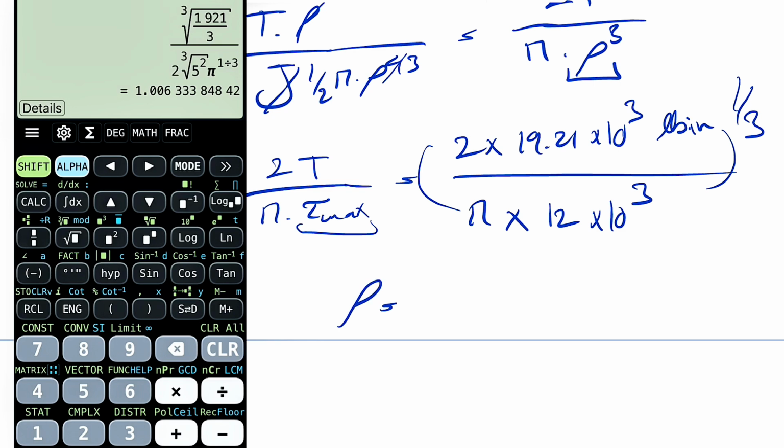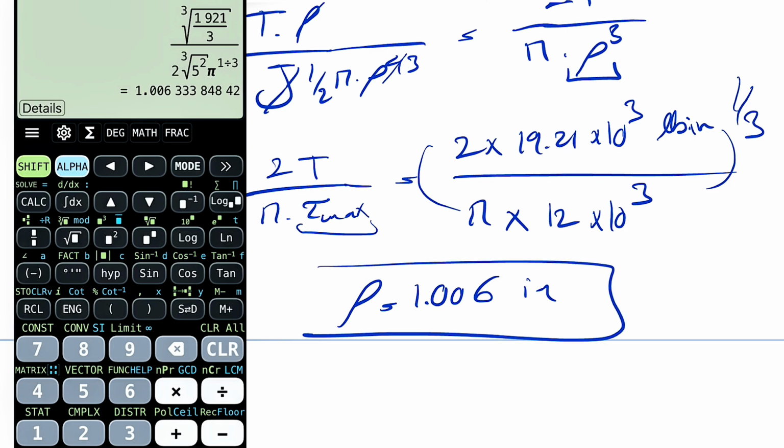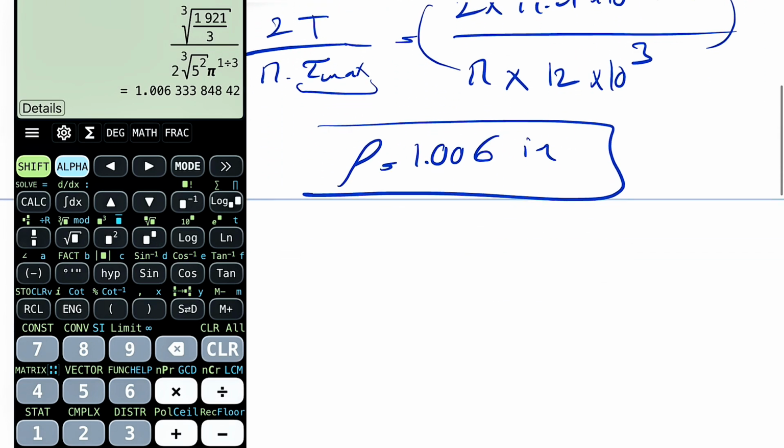This is going to give us the rho, or the radius, 1.006 inch. And again, what we are interested in is the ds, which is the diameter, so it's going to be 2 times rho.